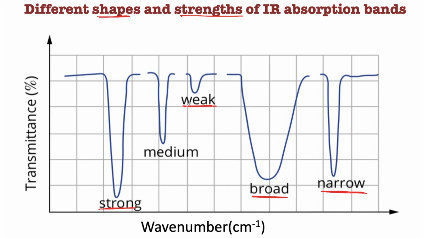This intensity basically depends upon the polarity of the bond or the presence of an electronegative atom within the bond. If the polarity of the bond is higher, it will undergo a change in dipole moment to a larger extent and will absorb IR radiations to a larger extent, and because of that the intensity will increase and we will have strong absorption bands.